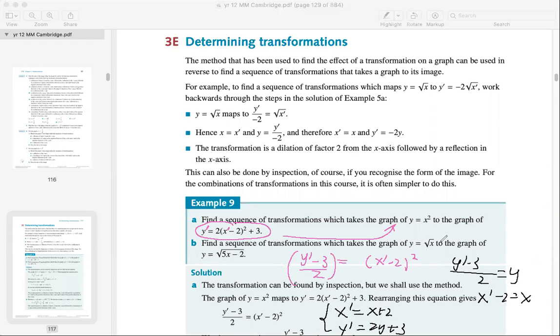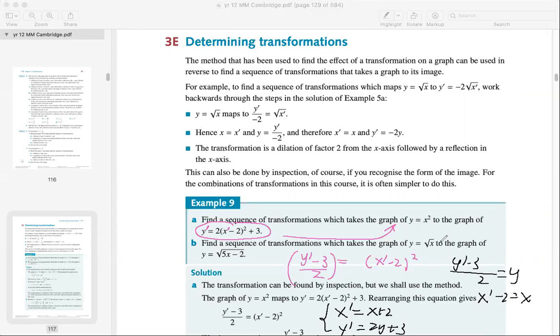Done. So once I got this, I can directly write the transformations from this. Pretty straightforward. First, dilation factor of 2 from x-axis, so I got 2y. Then positive 2 in the x direction, I got x plus 2. Then positive 3 in the y direction, I got 2y plus 3.